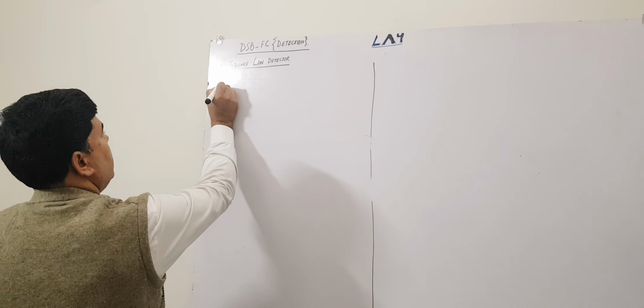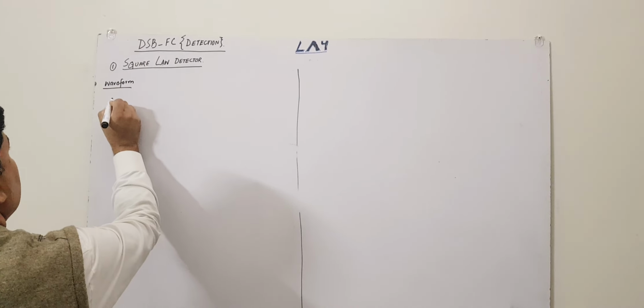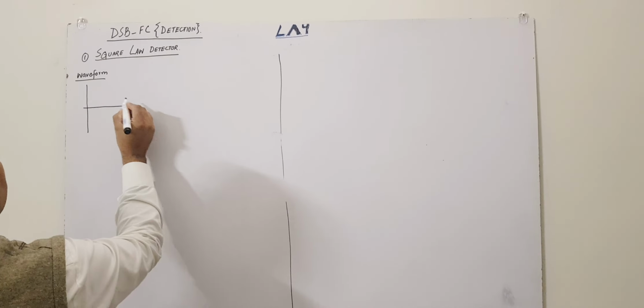The first one is the waveform. If we draw the waveform, we know that the waveform is something like this.